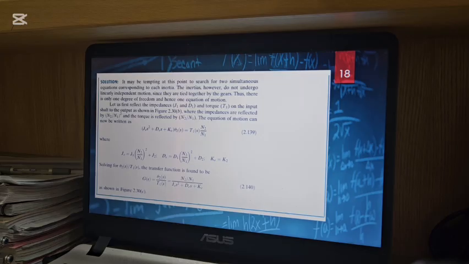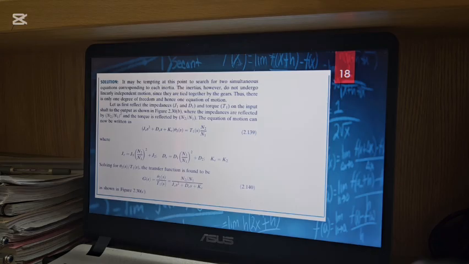So we will write the equation of motion of the damper 1, inertia 1, and torque 1 as (JE S squared plus DE S plus KE) multiplied by theta 2(S) equal to T1(S) N2 over N1, which is the number of meshed gears between the two gears, where JE equals J1 (N2 over N1) all squared plus J2, DE equals D1 (N2 over N1) all squared plus D2, and KE equals K2.